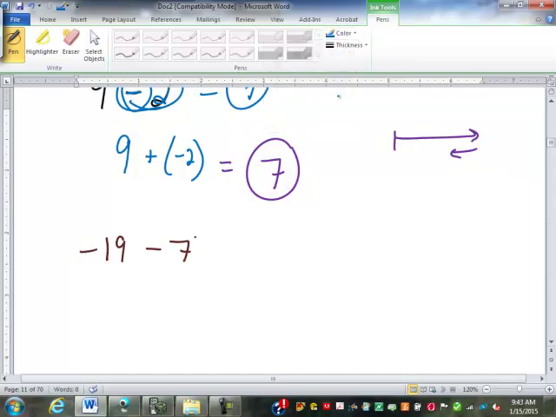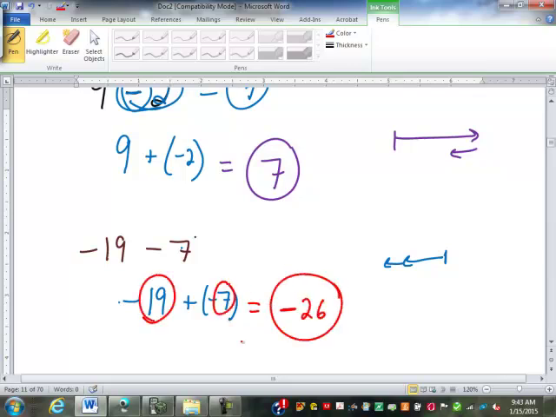A lot of people would want to yell out negative 12, but that becomes negative 19 plus the opposite of 7 is negative 7. And now we see we've got a negative 19 and a negative 7 both going the same direction. That tells us our answer is negative, and it's 19 plus 7 or 26, so negative 26.